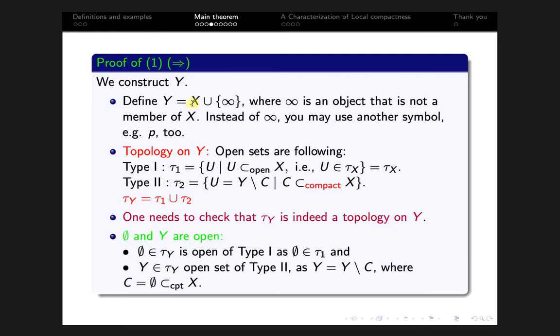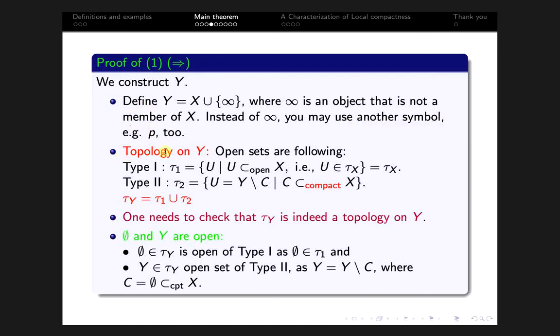So Y should be X union with some extra single point. Instead of infinity, you may use another symbol, for example P.